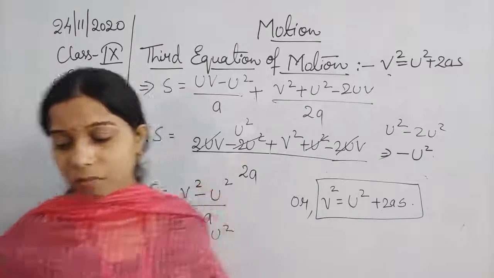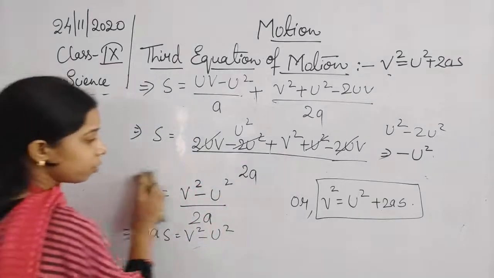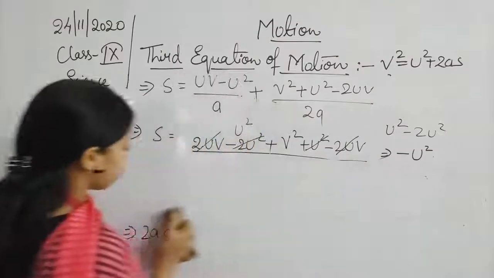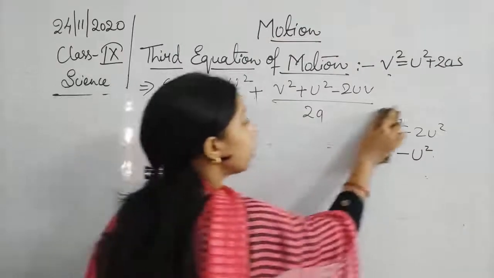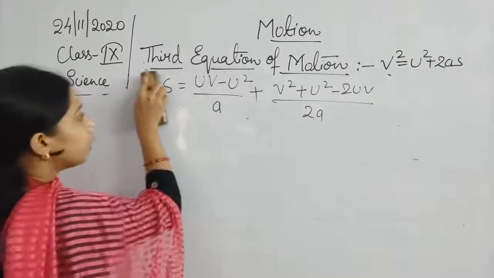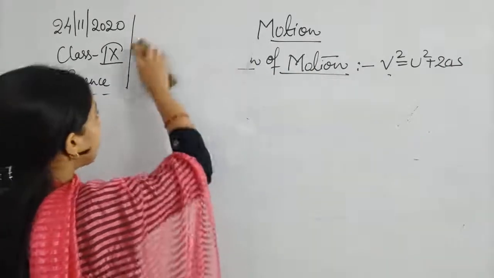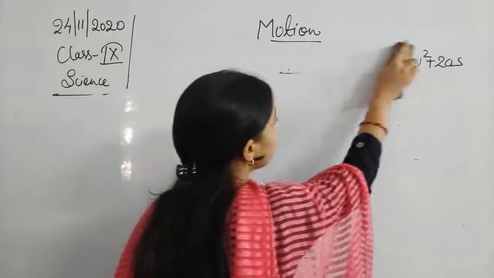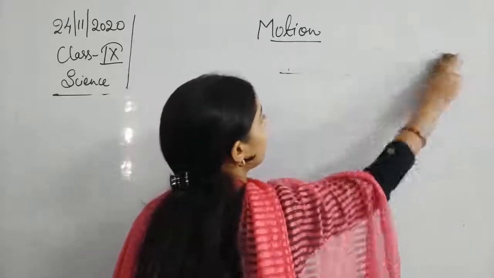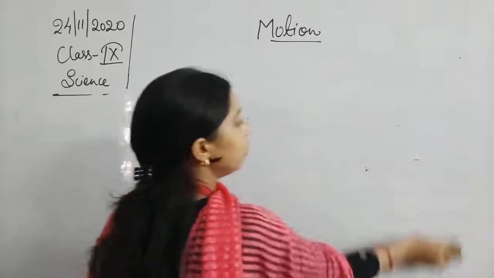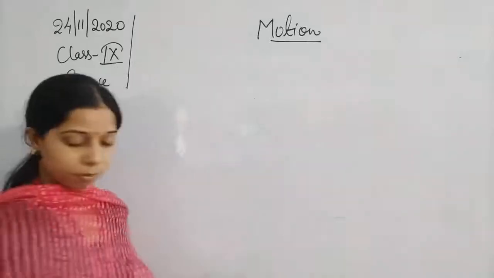Okay. Now, we have understood all the three equations of motion. It is very important, students, to do the derivation of the first, second and the third equations. It can be asked in the exam. So, these three derivations are very important in this chapter, the chapter of motion.